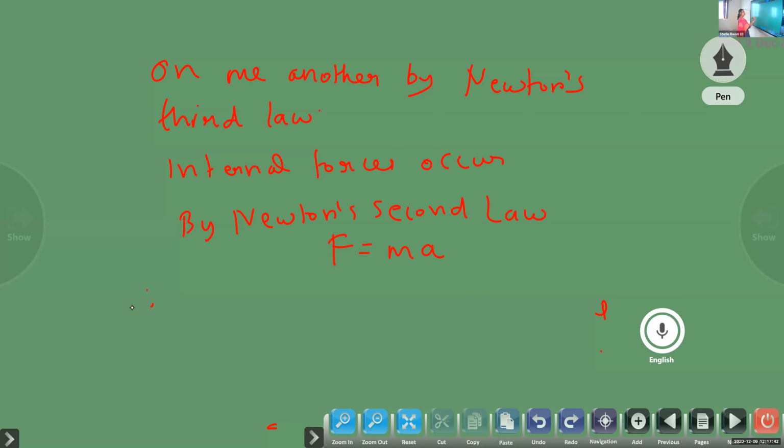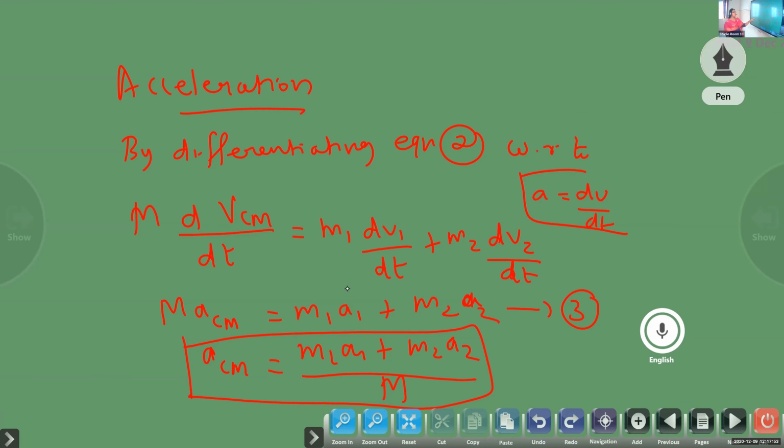Therefore, from equation 3, what did we get? Let us go back to that slide again. Equation 3: M A_CM is equal to M1 A1 plus M2 A2. This is actually Newton's second law. That is, the total force acting on the system is equal to the sum of the forces acting on the individual particles.